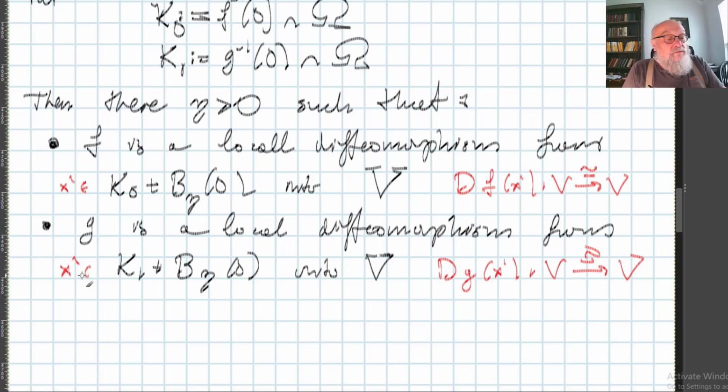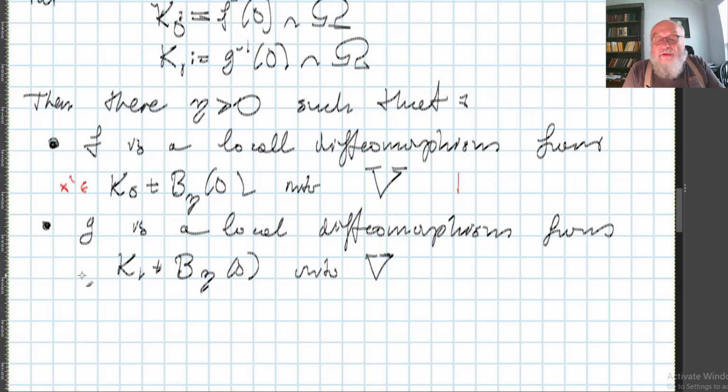Since we are using these neighborhoods here, let me denote them: call this one U0, call this one U1, by definition. Now we know that the zeros in omega are exactly k0 for f and k1 for g.